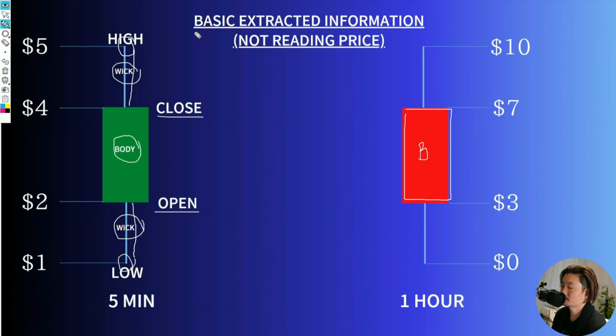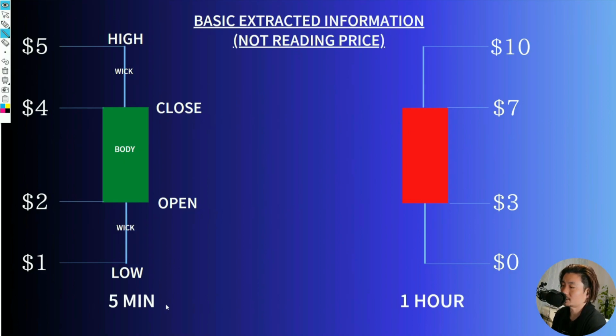Okay, so let's go over the basic extracted information from a candlestick. Let's say this was a 5-minute candle. Because the color of the body is green, we immediately know the close was higher than its open. So in the first minute of this 5 minutes, price opened at this price level right here at $2.